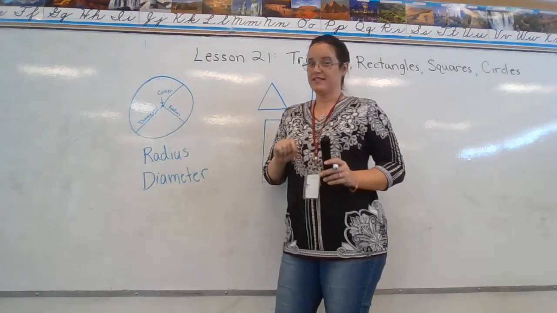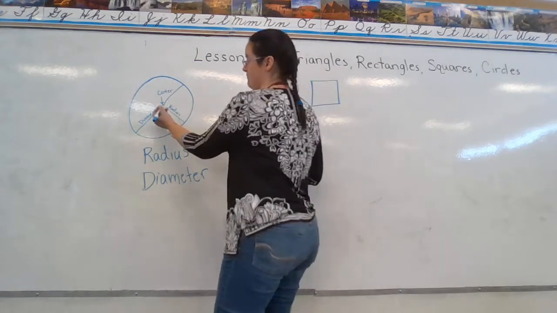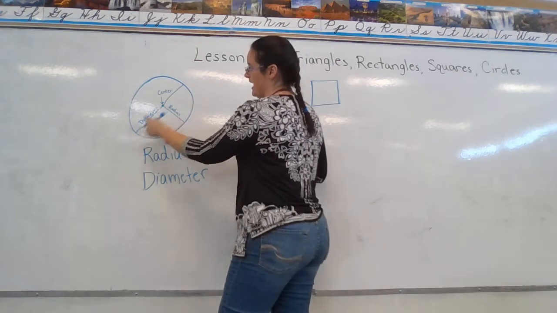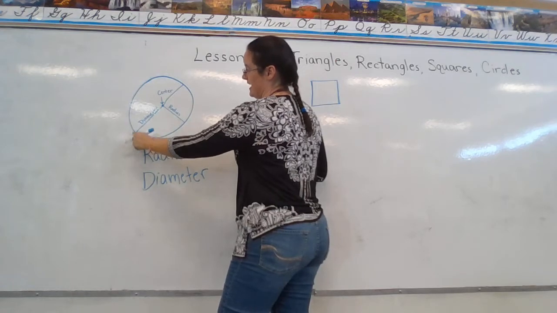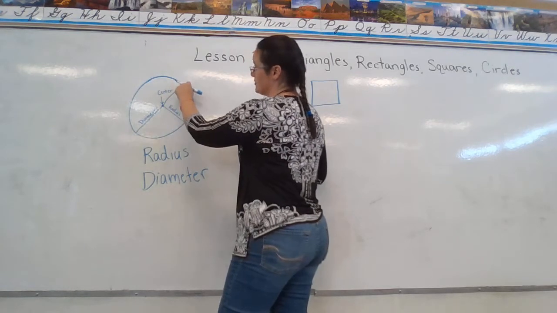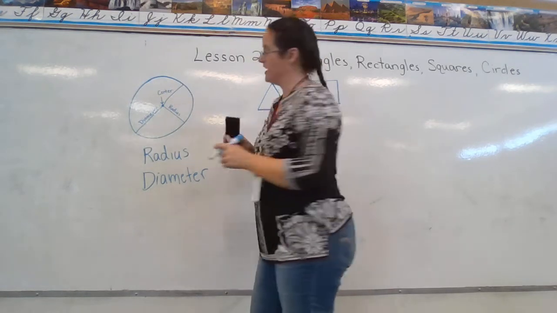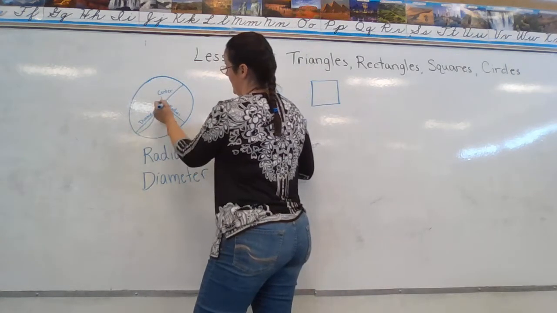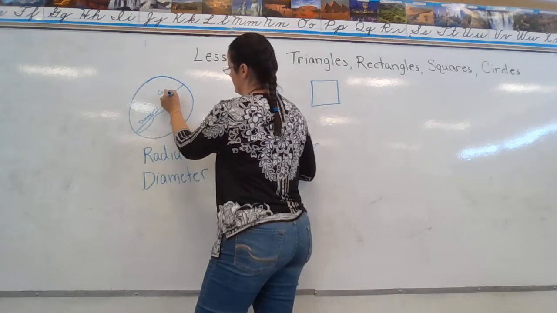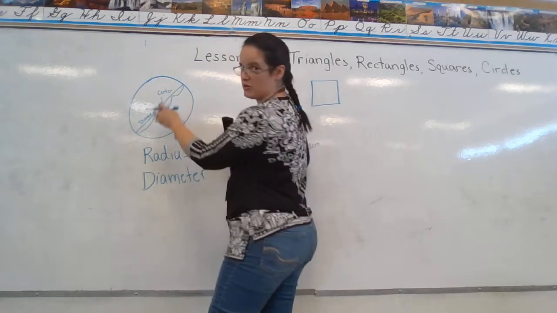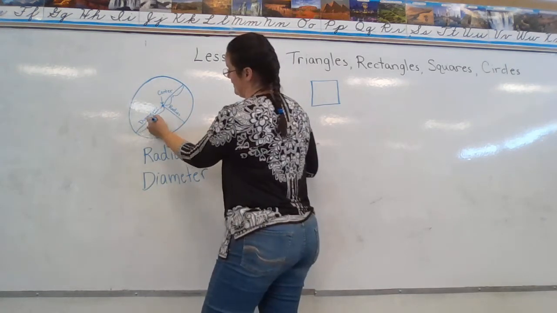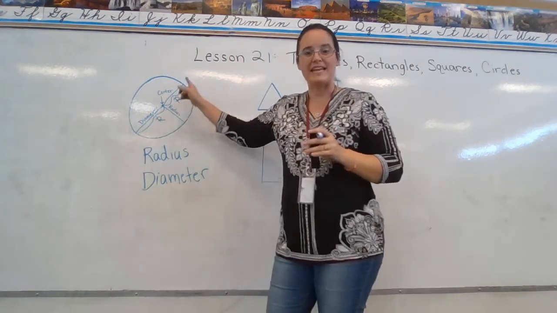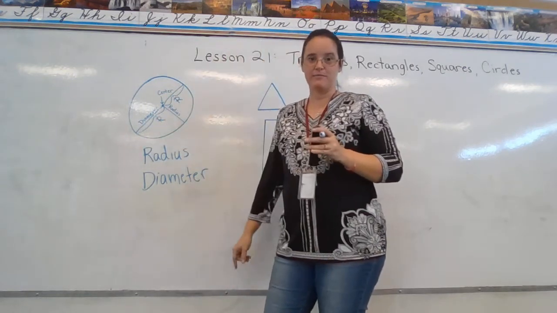So think about this carefully. If my radius is from any point on the edge to the center, and my diameter goes from the edge to the center, straight across to the other edge, this section and this section, first of all, are equal. Secondly, they're both radiuses, we say radii, of that same circle.